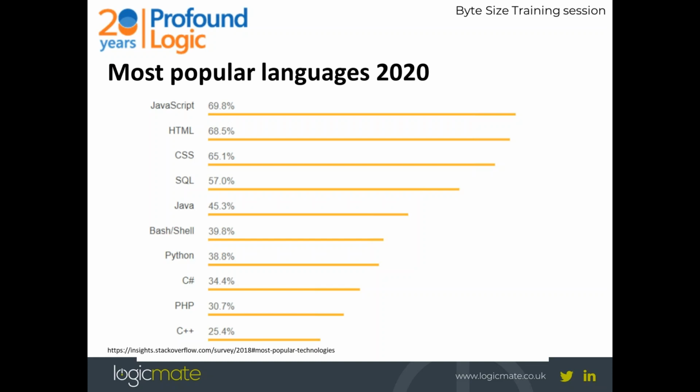JavaScript traditionally is a language that's used on the client side, so it's a language that's embedded within the web page, and it's the component that makes things active. So it sort of lightens up the HTML page that's been delivered to the browser.